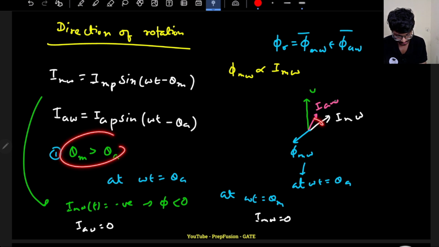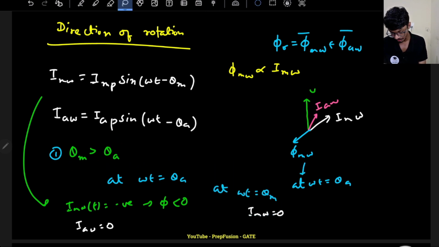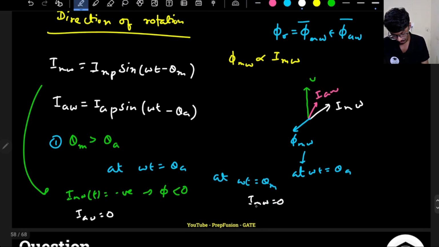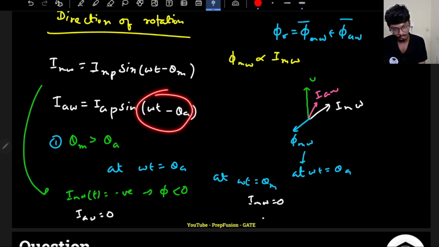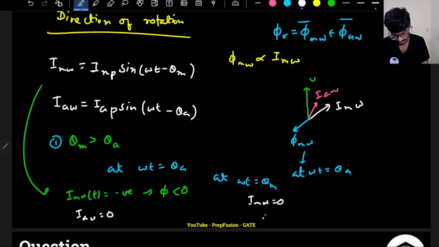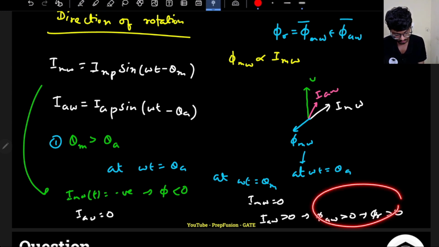Remember, theta_M is greater than theta_A, which means the main winding is more lagging than theta_A. So theta_A is smaller than theta_M. Now at omega t equals theta_M, I_MW is 0. If I put theta_M here, the auxiliary winding angle will be greater than 0, so I_AW is positive. That means your flux of the auxiliary winding is also positive, and your resultant flux is also positive, because the main field flux is 0.